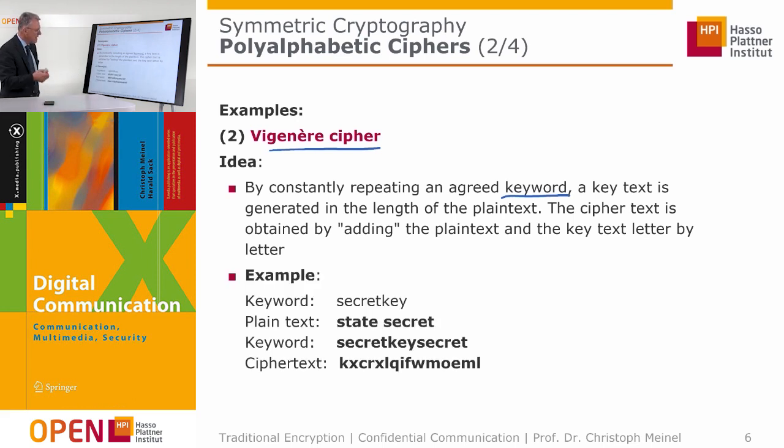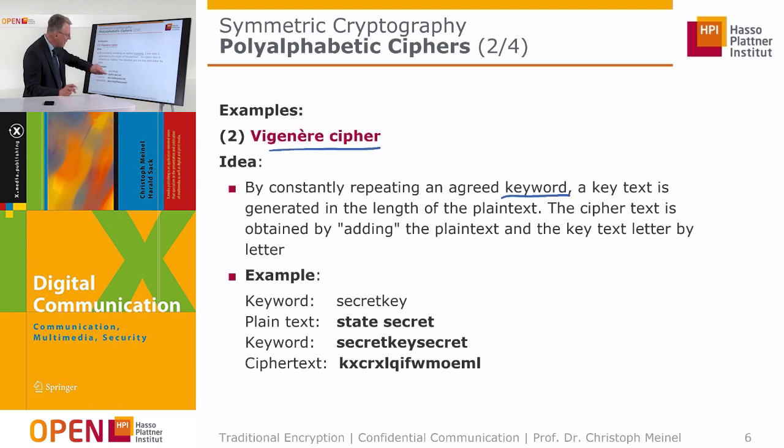To make it more clear, we have our plain text. The plain text is short, an example: state secret. And our keyword is secret key. Now we repeat secret key as often as we have the length of the plain text. And then we can add these two letters.